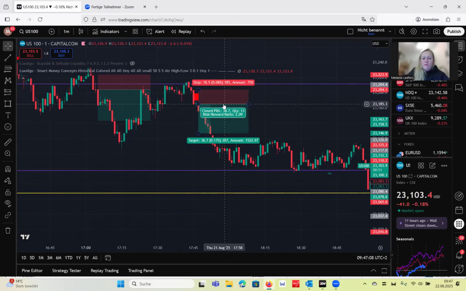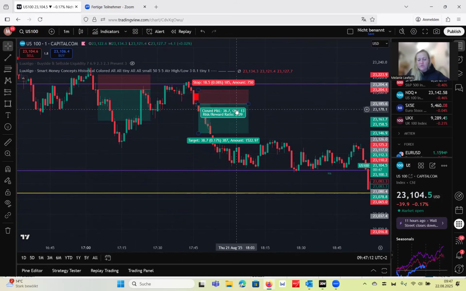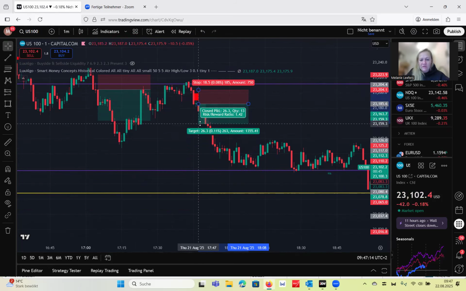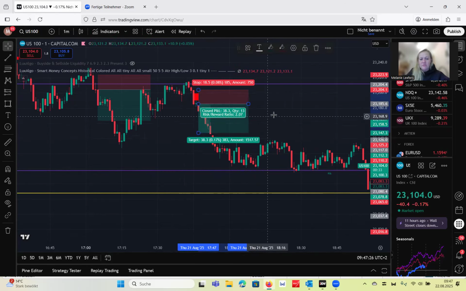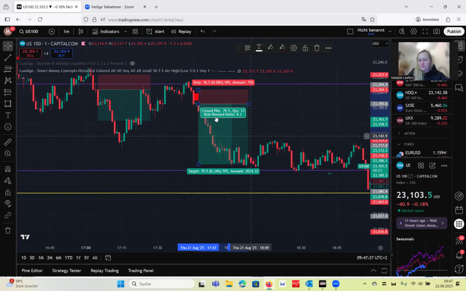So you open 2 positions, like 2 trades, and then the first trade you go break even. Let's say after a 1 to 5, you go break even with both trades. Then let one trade run to a 1 to 2, and the second trade you run until you see it comes to a consolidation phase, and then you go out.